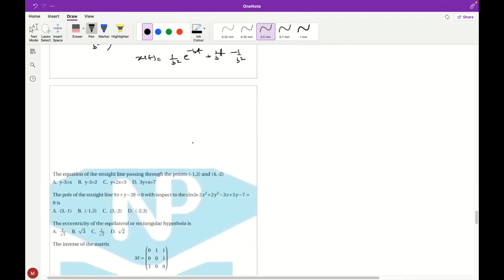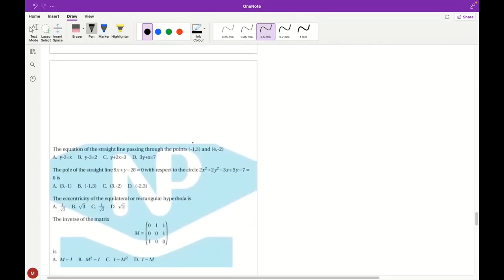Now come to another question, which is from geometry. In this question we will go by options. If a line passes through a point, then it will satisfy at that point.